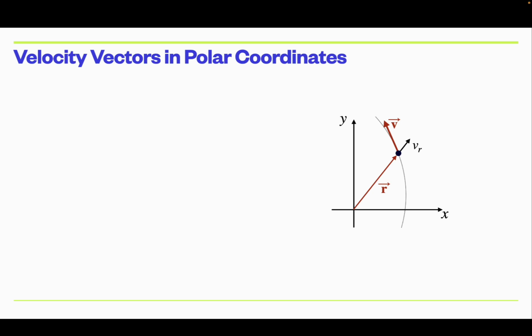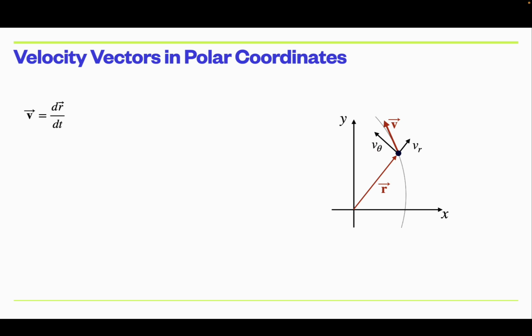This velocity vector will have two components. The radial component will be aligned in the r hat direction, and the theta, or the tangential component, will be in the theta hat direction. So we can decompose our velocity vector into vr and v theta.